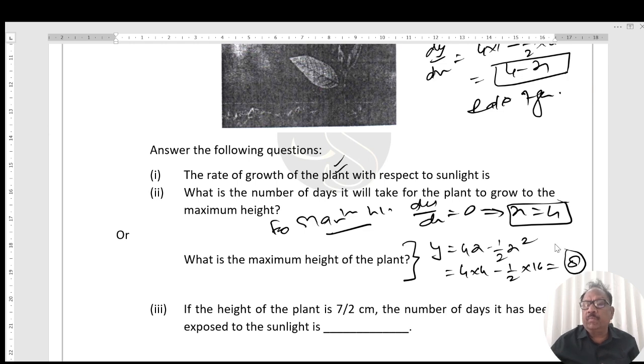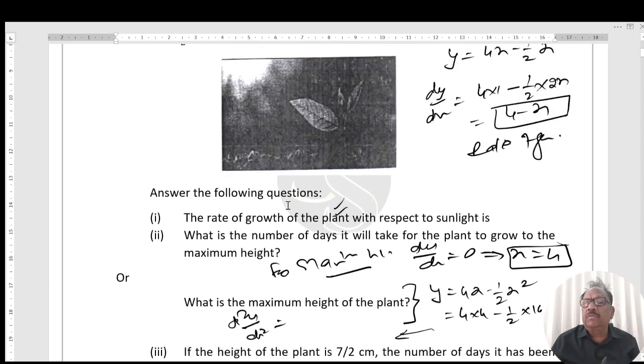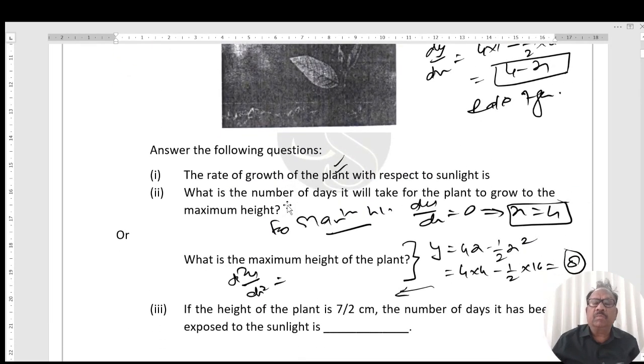The maximum height will be this. To check whether it is maximum or not, by the second derivative, d²y/dx² will be the derivative of 4 minus x, that is minus 1. That is less than 0, therefore maxima at x = 4.